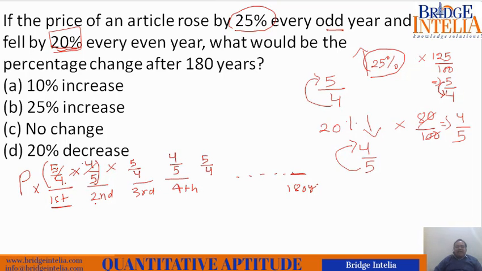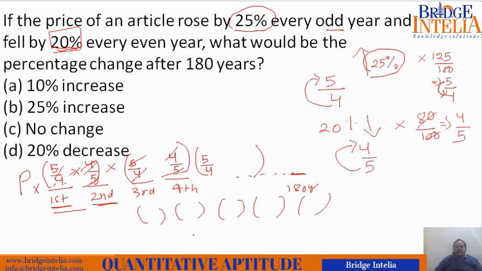So first and second year, they cancel each other out. 5, 5 cancel, 4, 4 cancel. Similarly, third and fourth year, the terms are getting cancelled. So 180 years, pairs of 2 are formed. So cancellation effect takes place. So price does not change at all, no change.